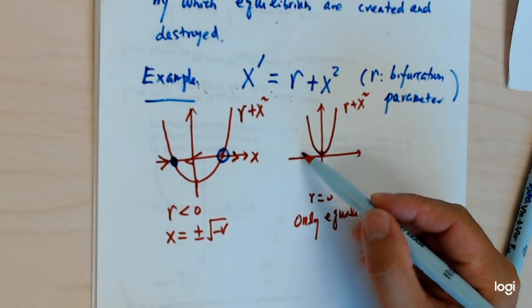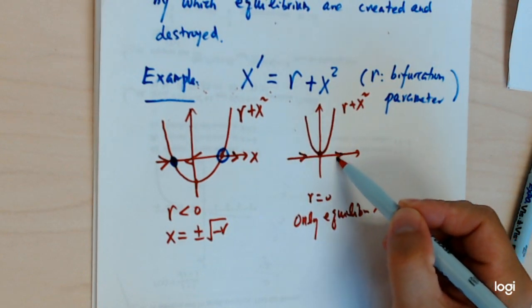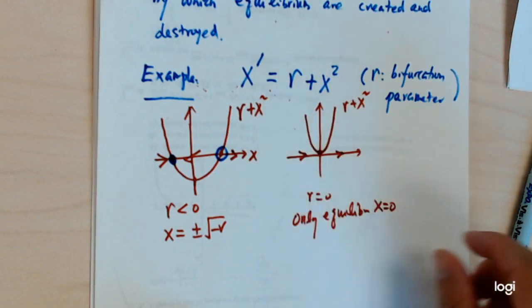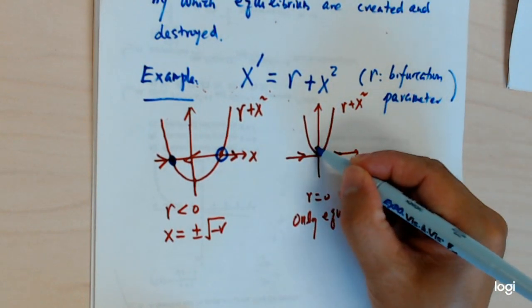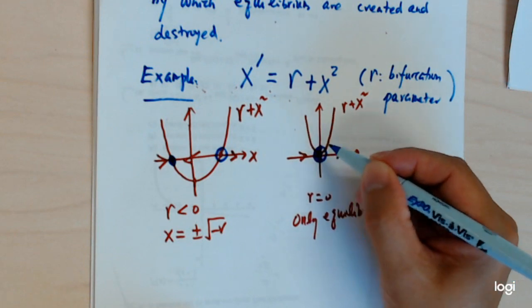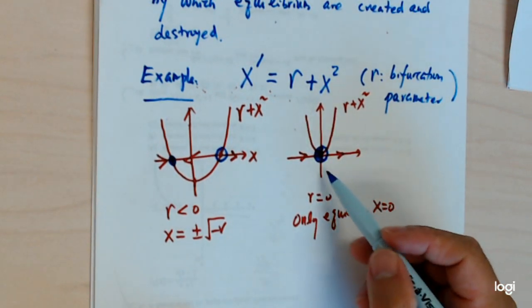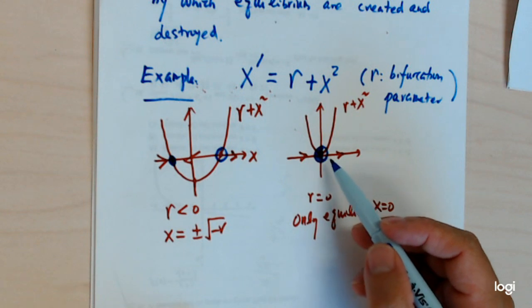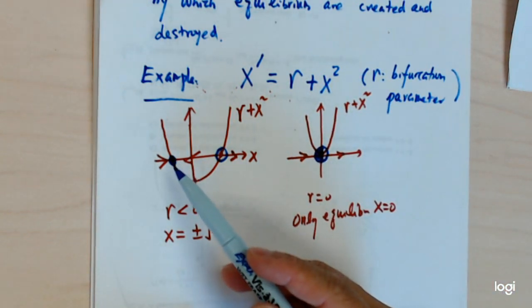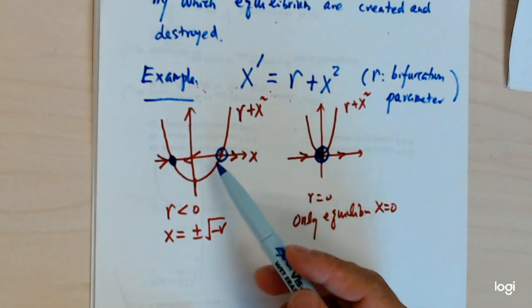Moreover, we can call this semi-stable, because on one side it's coming in, on the other side it's moving away from this point. In some textbooks, for the semi-stable equilibrium, they use a half-filled circle. Stable is a filled circle. Unstable is an empty circle.